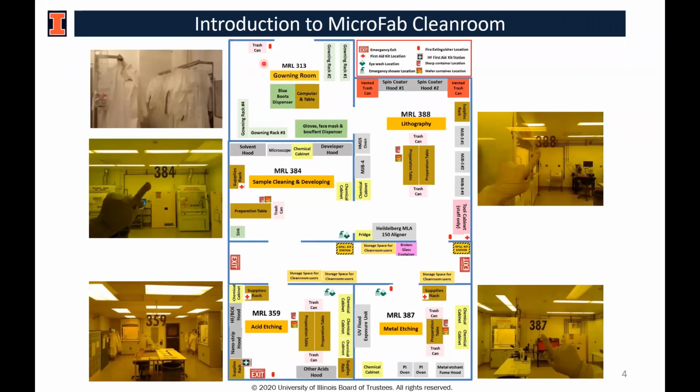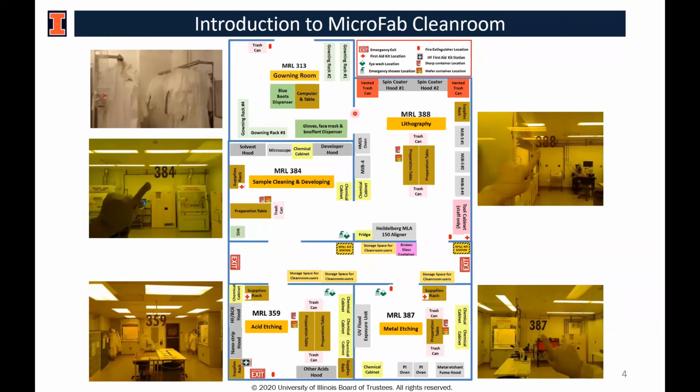The corresponding ISO standard will be ISO 5, which means that the maximum amount of particles larger than 0.5 micron in 1 cubic meter is 3,520.